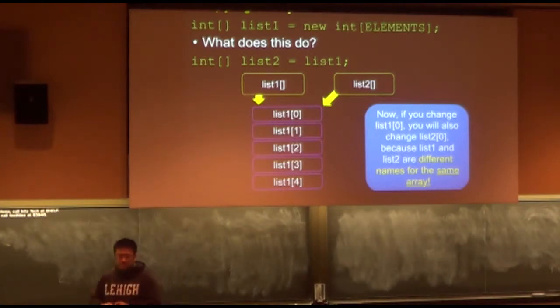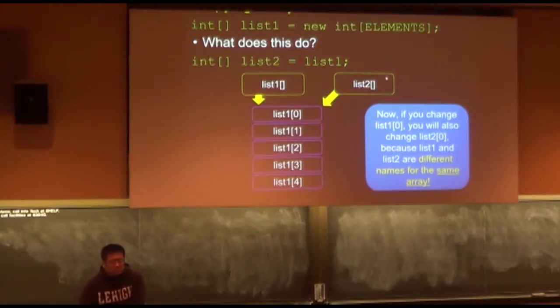Because they point to the same memory, then that change also happens when you refer to list2. And that blows people's minds because it seems like that's not how it should work. So if I set list1 sub 2 equal to 10, and then I just do System.out.println list2 sub 2, it's going to print out 10, even though I didn't make any apparent change referring to list2. And that's because when they point to the same memory, then you're just accessing the same memory when you print it out.